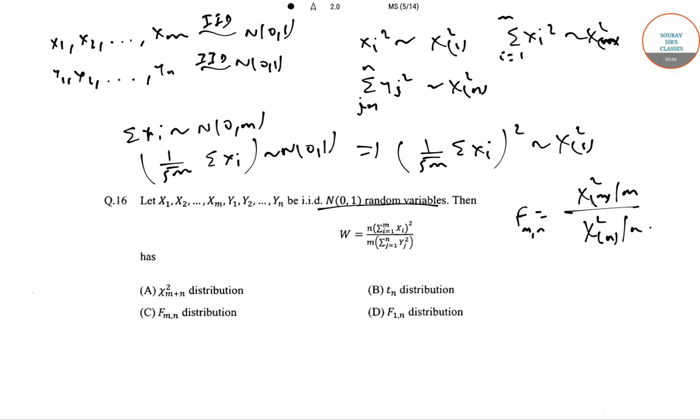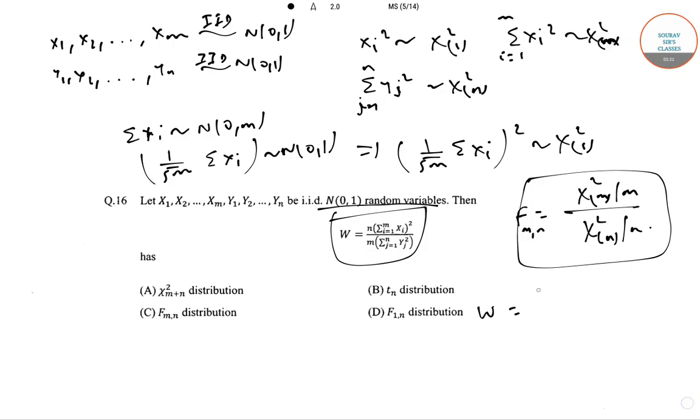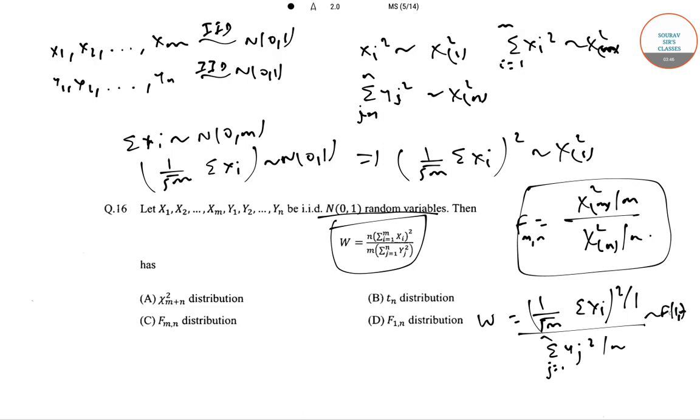So now if we analyze this thing and analyze this thing, we'll see that w can be written as 1 by root m summation xi whole squared by 1 by n summation yj squared, where j ranging from 1 to n, which follows F1, n. So the correct option is option D.